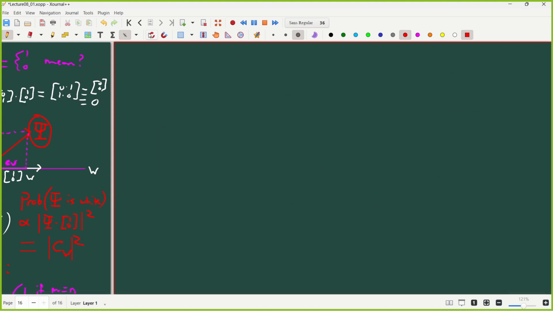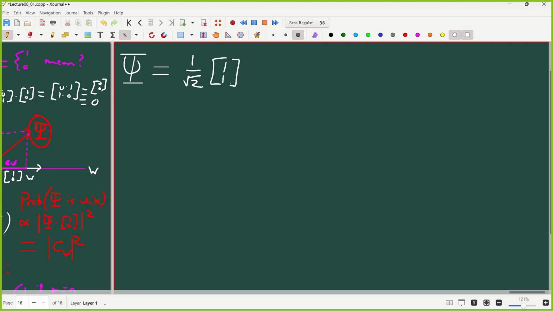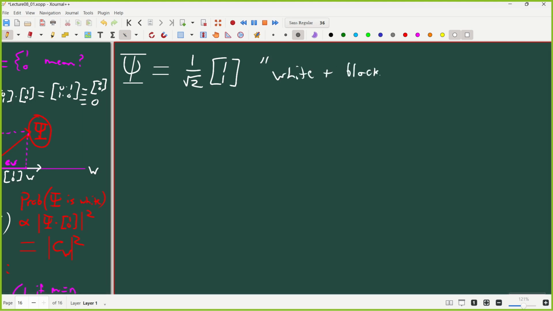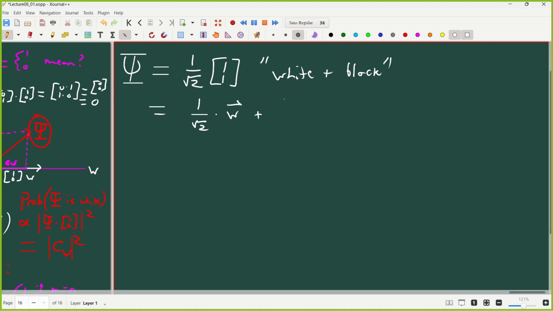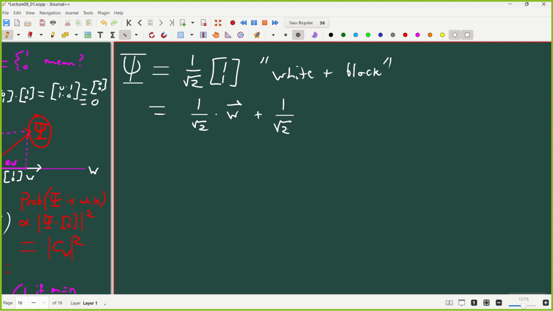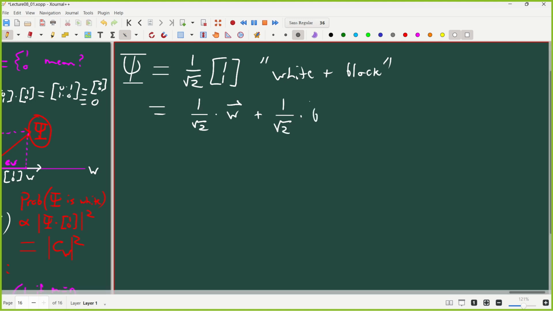Imagine now we have, let's just do an example. Psi is equal to 1 over the square root of 2 times (1, 1). Right? This is a white plus black electron. And if we write that in vector notation, that's 1 over the square root of 2 times the white vector, which is (1, 0), plus 1 over the square root of 2 times the black vector.